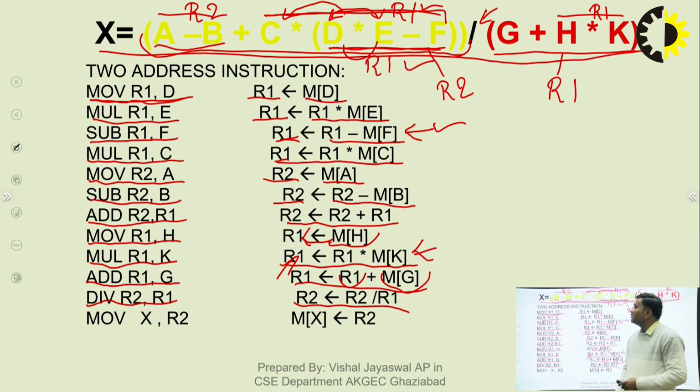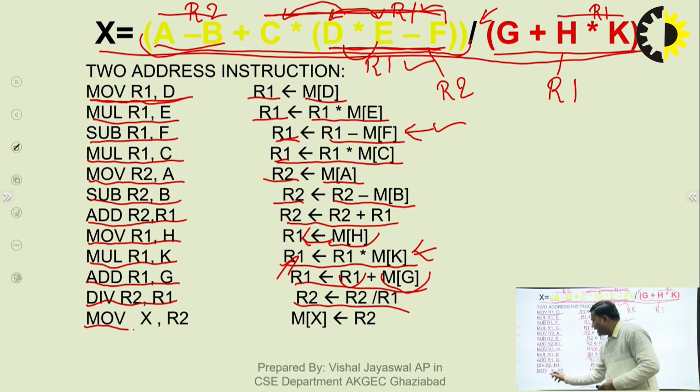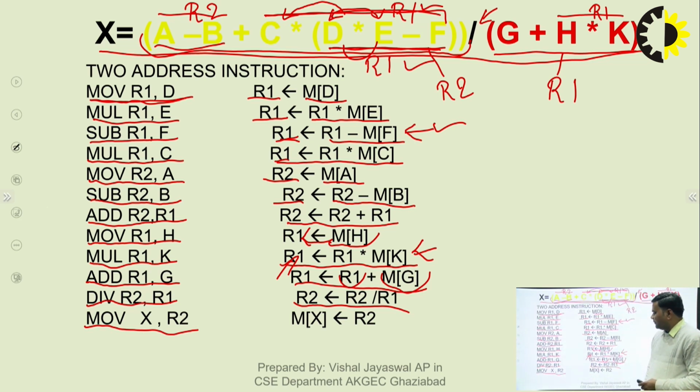So our whole right hand side part is in R2 register, and after that we have to move this part into the X memory location. For this we are using move X comma R2, means we have to send the content of R2 register into the memory location M of X.